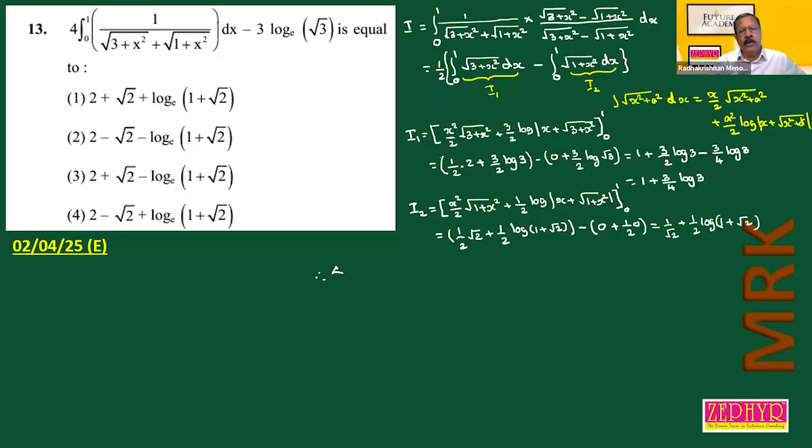Therefore, 4 into this definite integral I1 plus I2. I1 plus I2 is 1 plus 3 by 4 log 3. Now plus 1 by root 2 plus 1 by 2 log 1 plus root 2, then minus 3 log root 3.